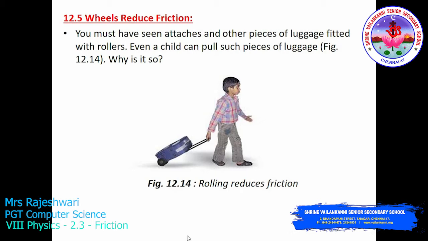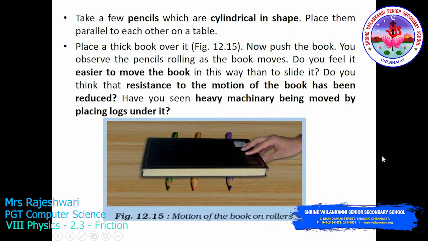The next thing we are going to discuss is a very simple activity. By looking at this picture, you can do this activity at home itself. Take a few pencils, as I have shown in this picture, which should be of perfect cylindrical shape, a complete rolling shape, not triangular or any other pattern.